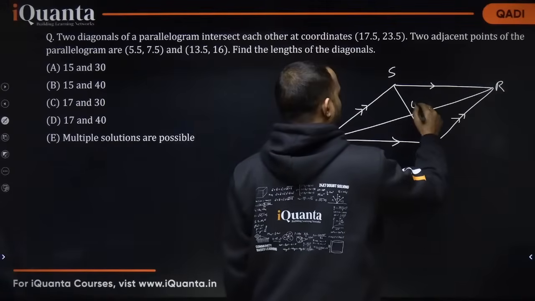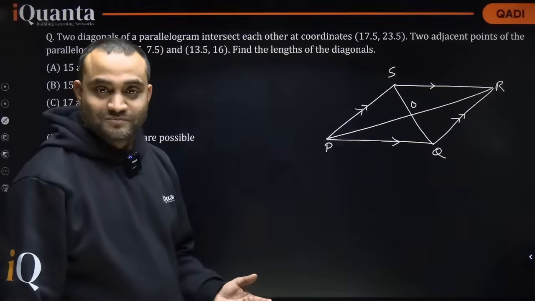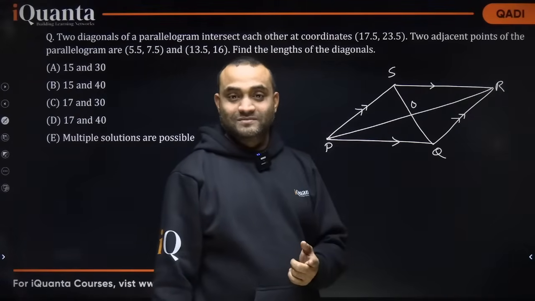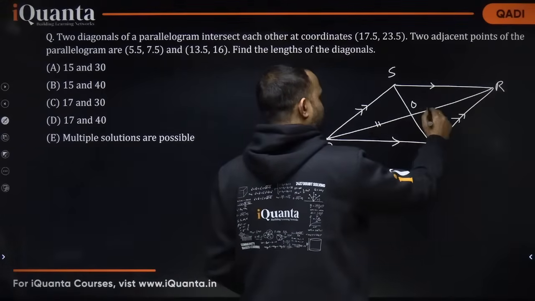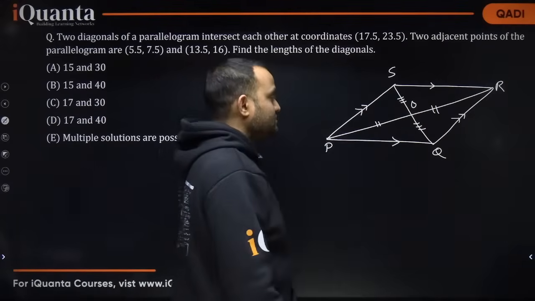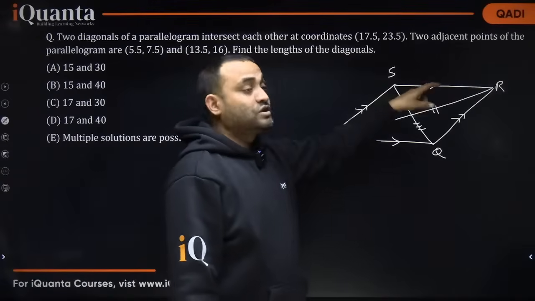This point is O. What do we know about a parallelogram? That the diagonals are bisecting each other. So these two will be equal, these two will be equal as well. OQ will be equal to OS, OP will be equal to OR.